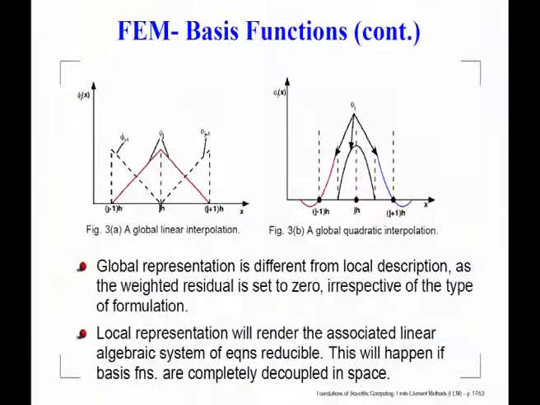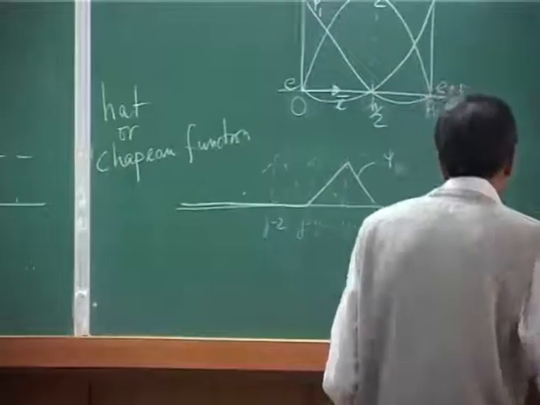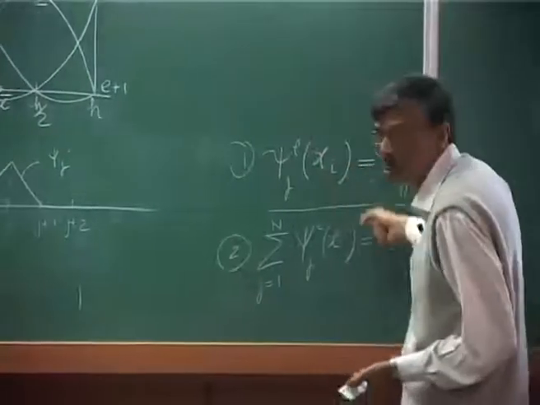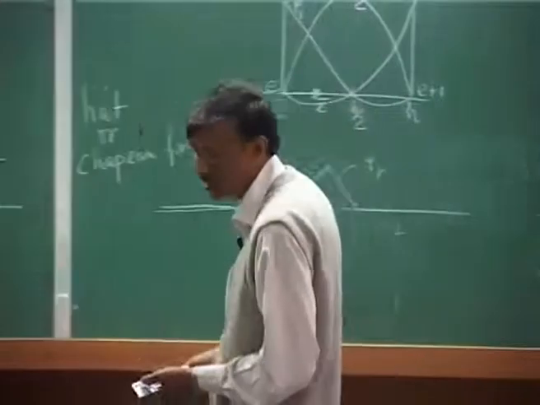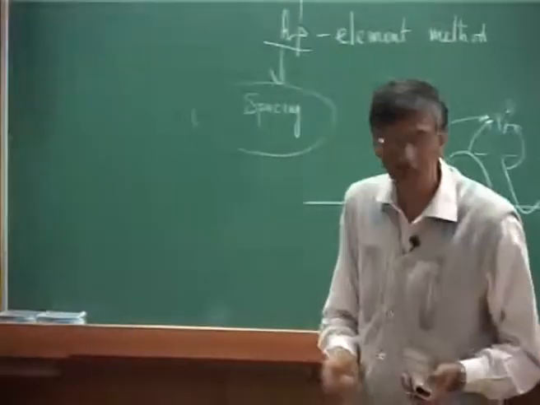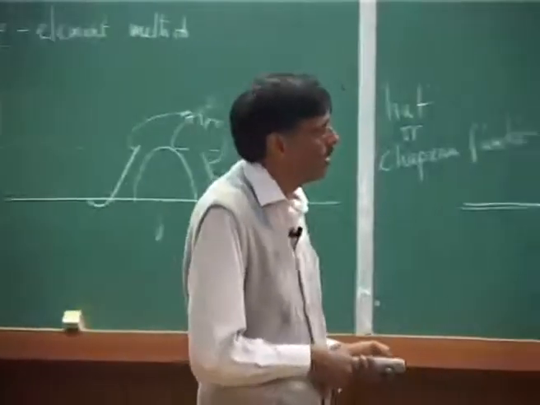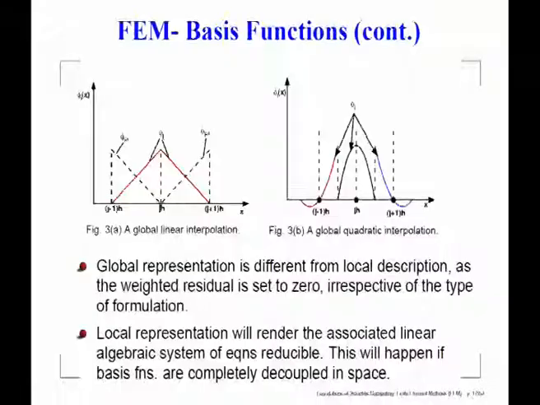Global representation would always set the weighted residual to 0, irrespective of the type of formulation. Whether I do it linear or quadratic, I should have these properties satisfied, right? I could have p equal to 3, I could have p equal to 4. We could keep on ratcheting up the order of the polynomial.